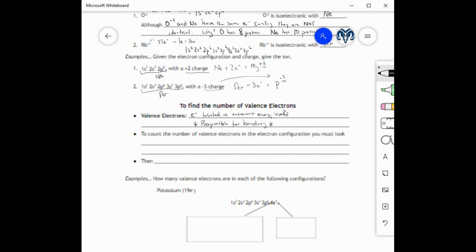So to count the number of valence electrons in the electron configuration, you must look at the highest numbered energy level in the entire configuration.